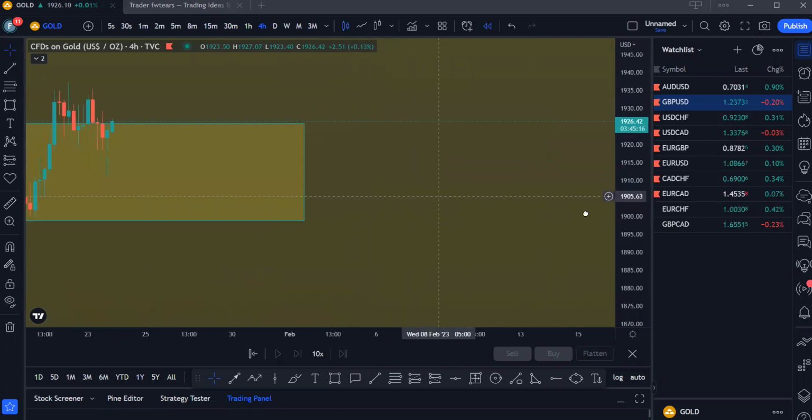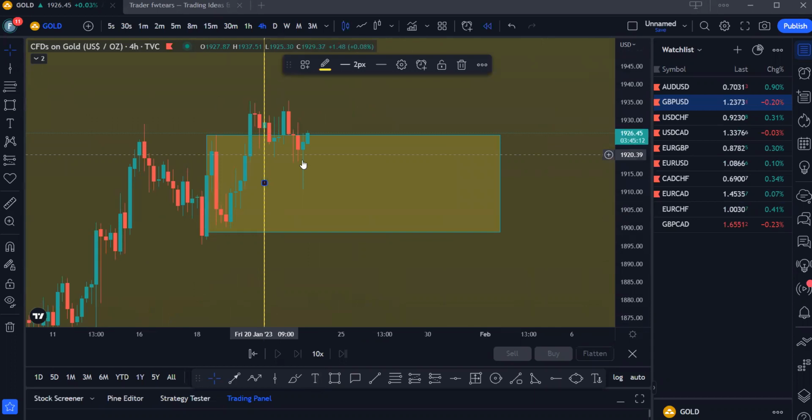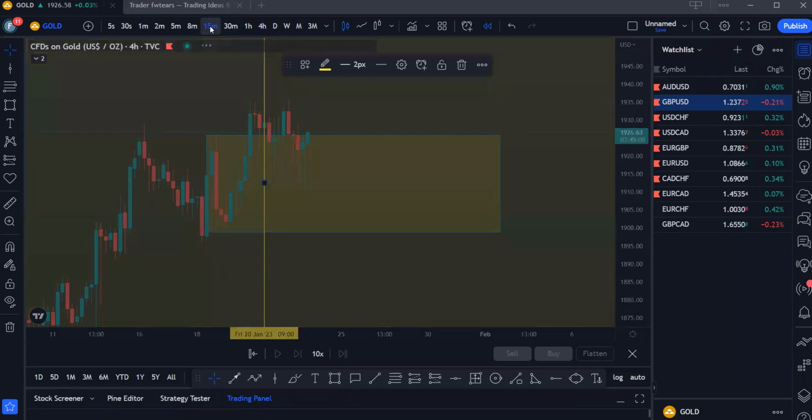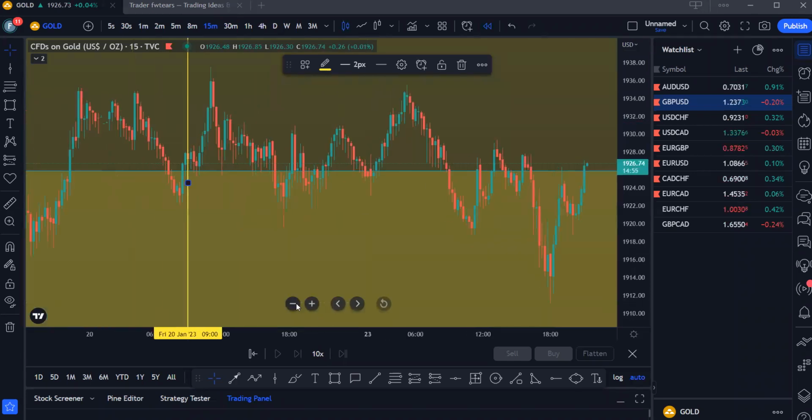So what do we do? At the point of mitigation of this zone, right? You are waiting for liquidity grabs and then order flow to shift from bearish to bullish. So we'll go to the 15-minute chart. On 15 minutes, what do we have?